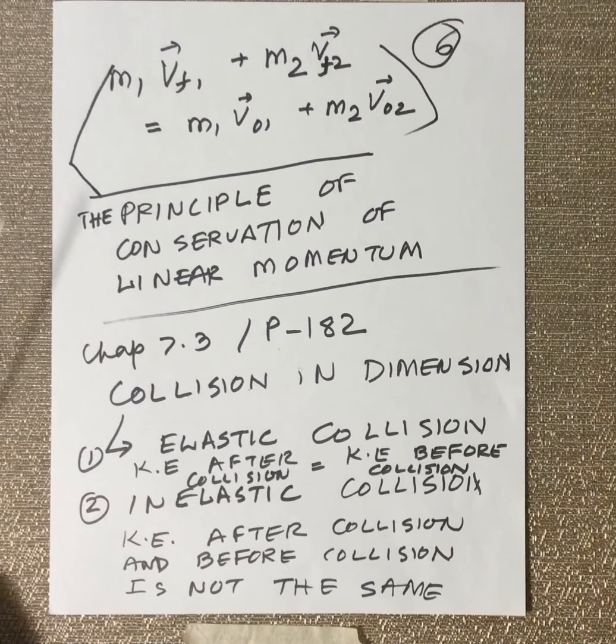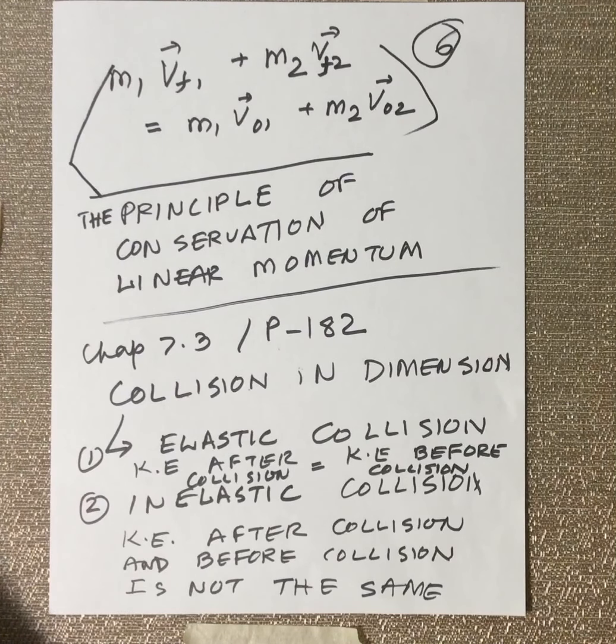So on the left side you have final total momentum, on the right side you have initial total momentum. This is the principle of conservation of linear momentum.